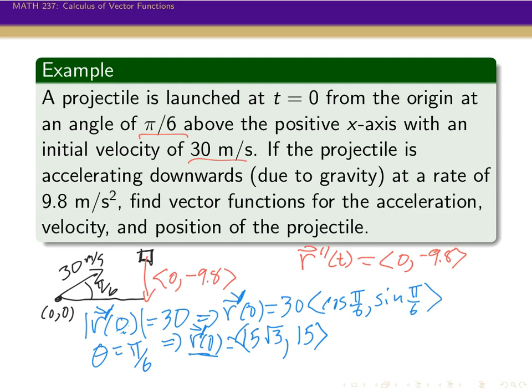And if its derivative is 0, that means that the x component is going to be a constant. So let's give myself some space here. Let's rewrite this over here, my r double prime.